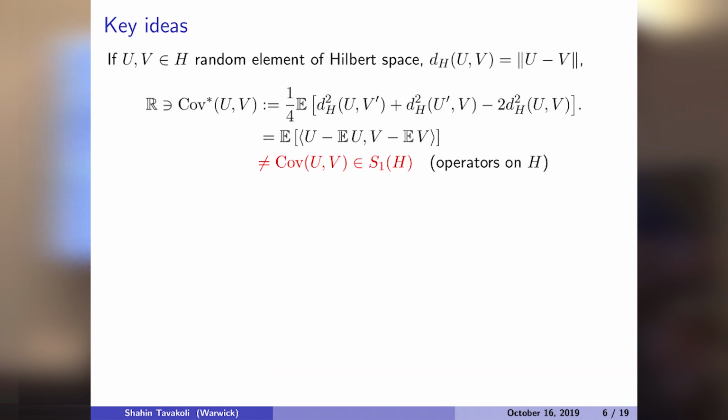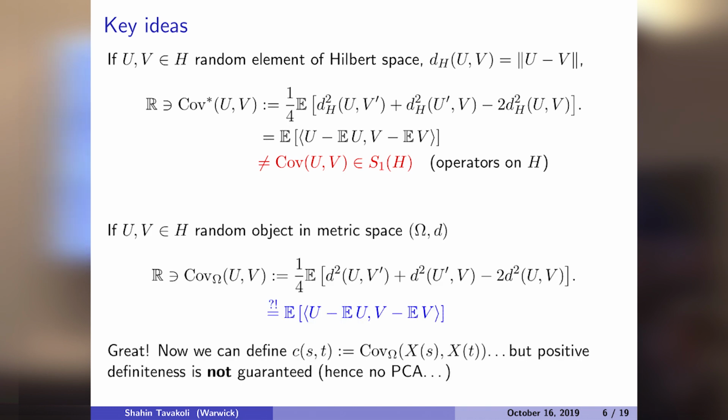Now, if you're in a Hilbert space, it's essentially the same thing, but you just have to adjust the notation. The metric covariance is like the covariance, but you have an inner product instead of a tensor product. So again, it's not the usual covariance between two random elements.